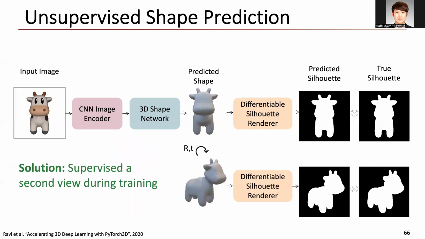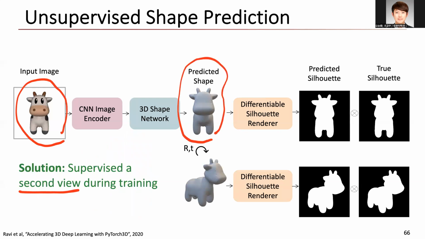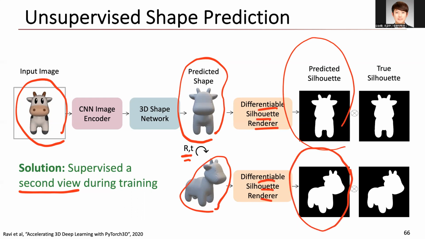So in many papers, they use another view or a second view during the training. So like this. From these images, we reconstruct the shape here, and by using the known camera pose, we move the camera viewpoint here and render the original view and another view, and extract the predicted silhouette here and here.